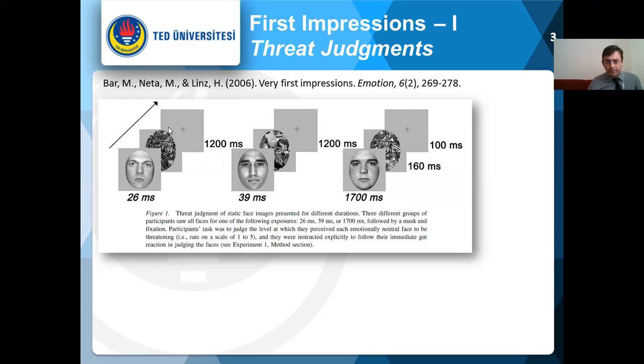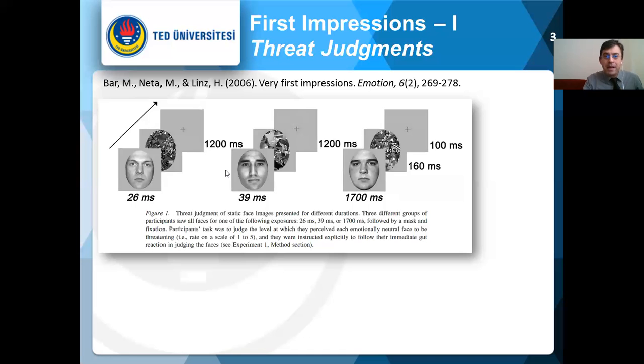And then a plus appears in the middle of the screen, and the participants were asked to fixate, to look exactly at this plus sign, so that their attention is fixed on a neutral stimulus on the screen. And meanwhile, in this 1.2 seconds, while they are looking at the plus sign, they were asked to make judgments about the face.